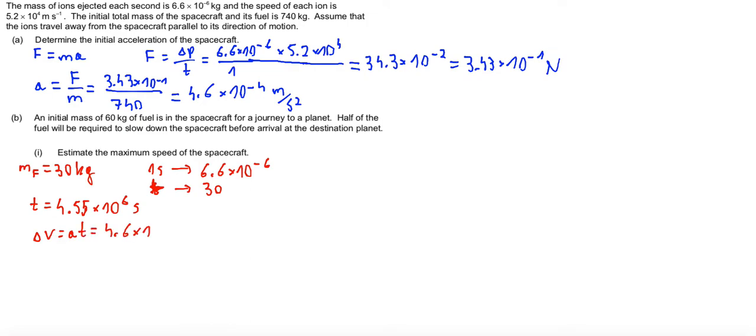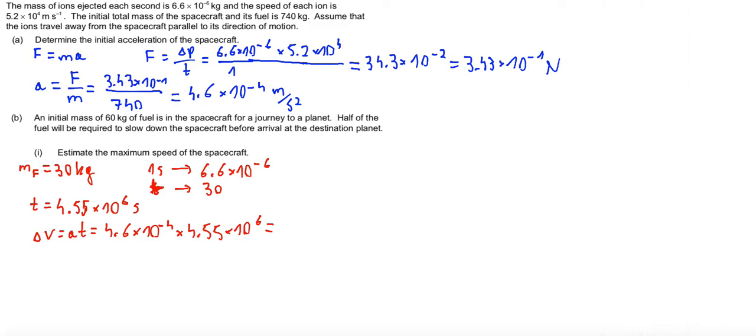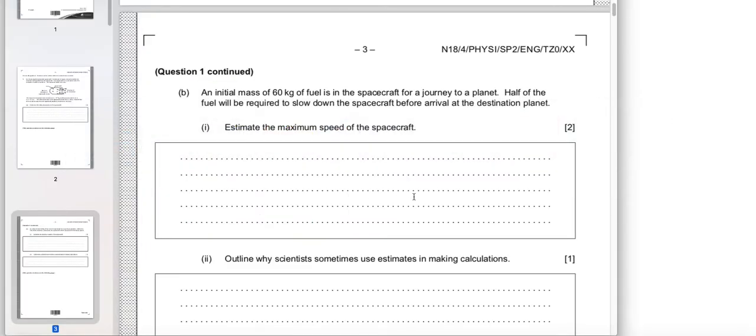Acceleration was calculated in the previous part, and the time of the journey in this part, so by multiplying we can find the maximum speed: 4.6 times 4.55 gives 20.9, so approximately 2.1 times 10 to the power of 3 meters per second. This is the maximum speed gained by the spacecraft.